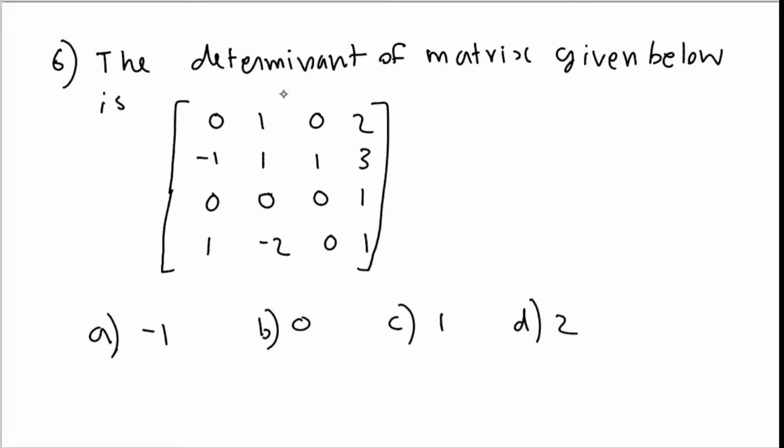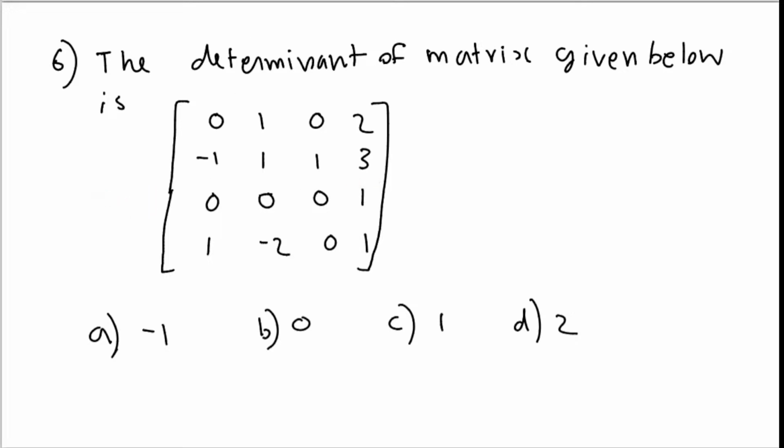So the determinant of the matrix given below is, okay, we have a matrix and we need to find the determinant. So here also we have to choose the row smartly. Let's look at this third row. So here only one element is non-zero. So let's take this row.